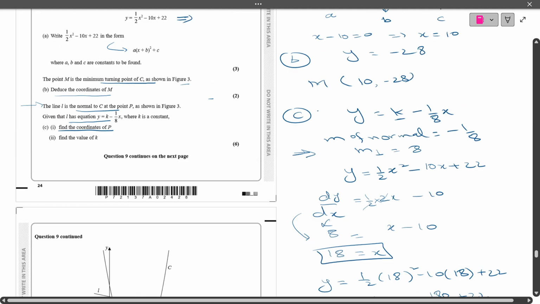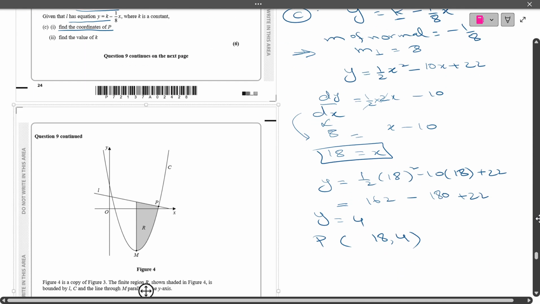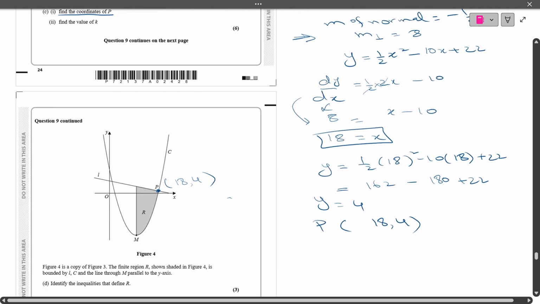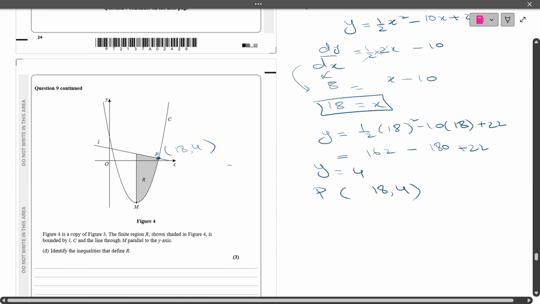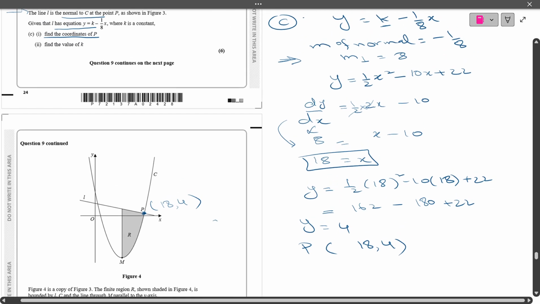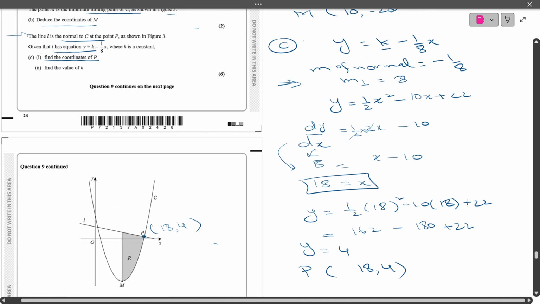So this point here, we have a graph here. So this point here is 18 and 4. Okay. Find the value of k. Because the line L, that is y equals k minus 1 over 8x.